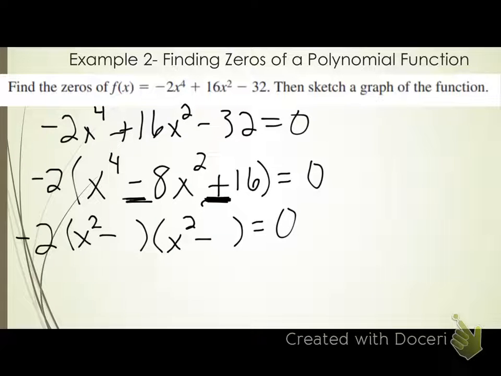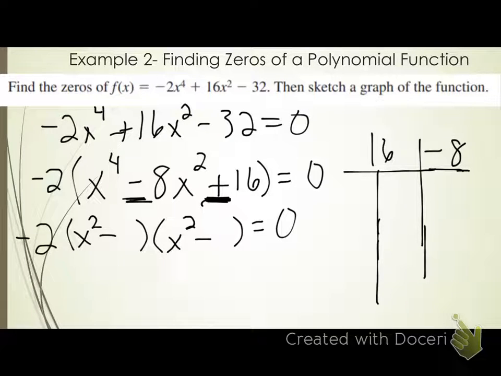How do I factor this? Create my t-chart. What goes in the first slot? Positive 16. What goes in the second slot? Negative 8. So someone raise your hand, give me the first two numbers that multiply to give me 16.